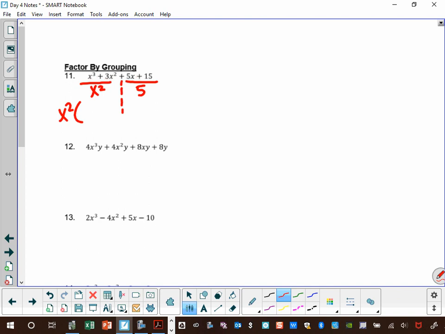What's x cubed divided by x squared? Just how many x's left over? Just 1. And then 3x squared divided by x squared is just positive 3. On the other side, my GCF is 5. In my parentheses, I have x plus 3. Do I have matching parentheses? Yes, so I know I'm doing it right. My answer is x plus 3 times x squared plus 5.